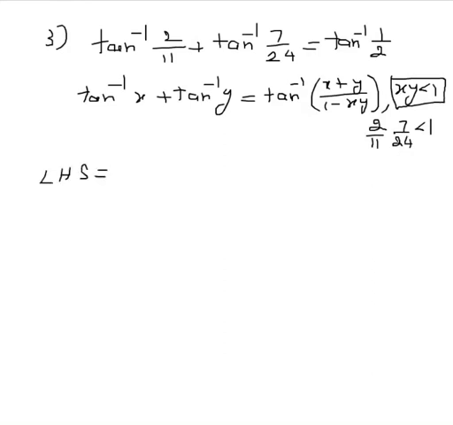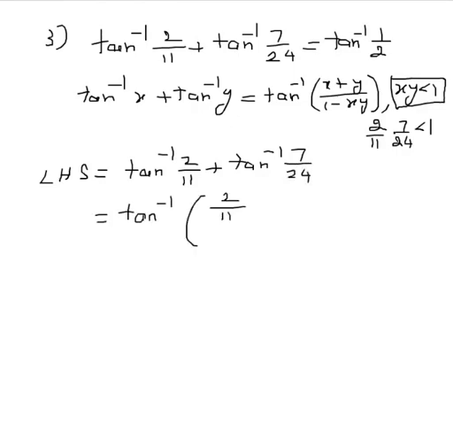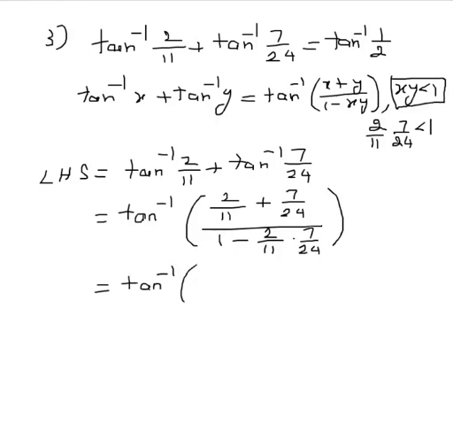Therefore, the left hand side becomes, I am taking the left hand side, let us use this formula. It becomes tan inverse of 2 by 11 plus 7 by 24 divided by 1 minus 2 by 11 into 7 by 24. Let us take LCM and simplify.